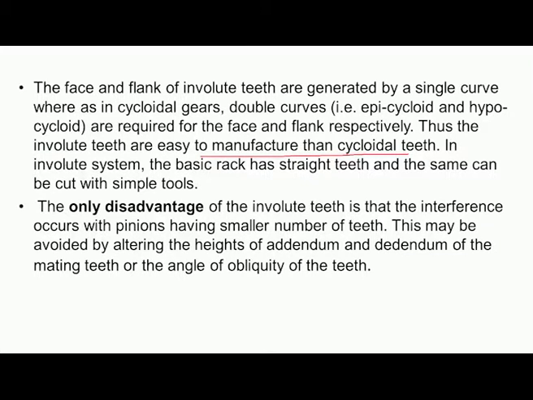In the involute system, the basic rack has straight teeth, and the same can be cut with simple tools. The only disadvantage of the involute teeth is that interference occurs with pinions having a smaller number of teeth. This may be avoided by altering the heights of addendum and dedendum of the mating teeth or the angle of obliquity of the teeth.